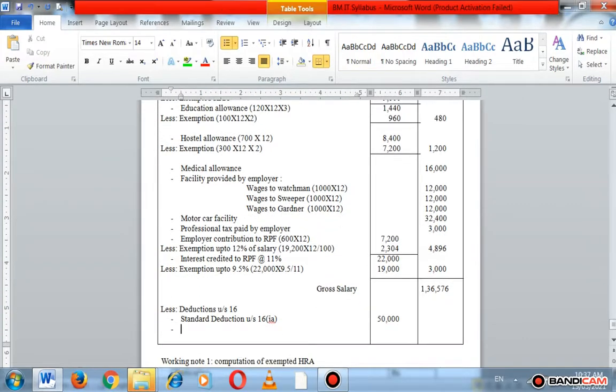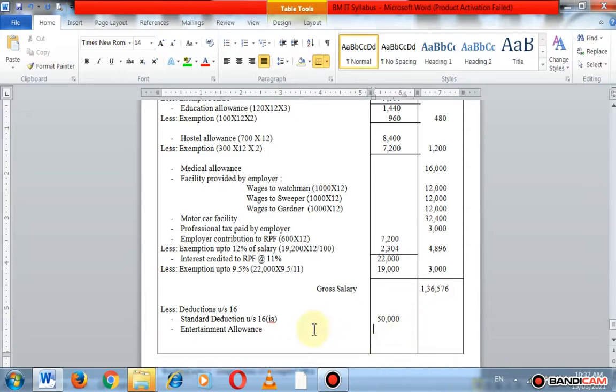Then next is entertainment allowance under section 16(ii), which is allowed as a deduction to government employees, not to private sector employees.